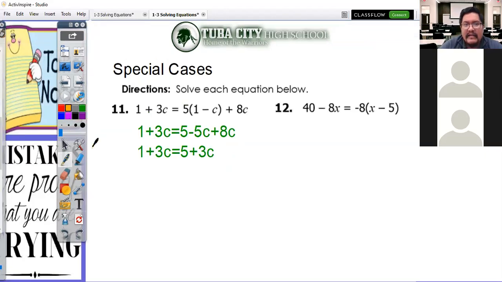Now, usually in a normal class, I'd ask students, what would you do here? Well, let's go ahead and minus 3c from both sides, because that's what you do, right? You want to get rid of the variable from one side so that hopefully it will be more meaningful on the other side. Now here we run into a problem, and I usually get something from students, something like this.